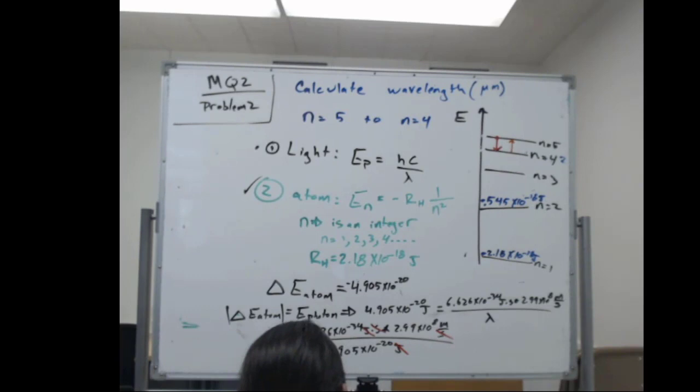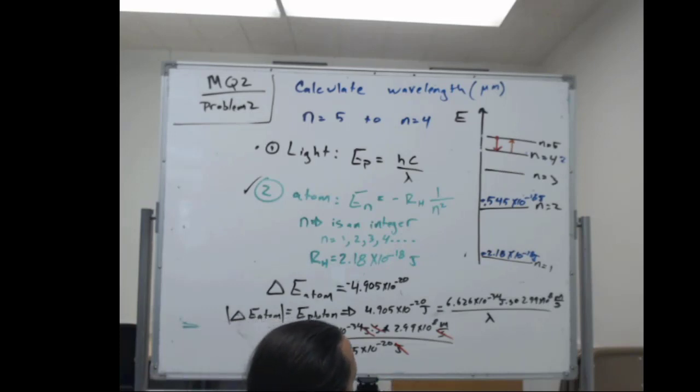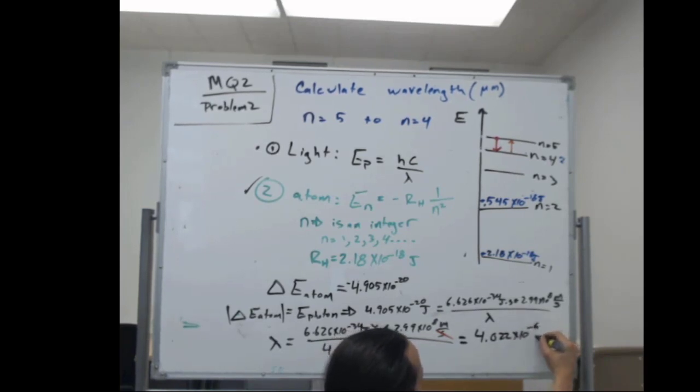So we plug in all of that, takes a moment. Be careful with your parentheses, it's really easy to accidentally get that 10 to the minus 20 on top. 4.905 times 10 to the minus 20. And I get a wavelength of 4.022 times 10 to the minus 6 meters.